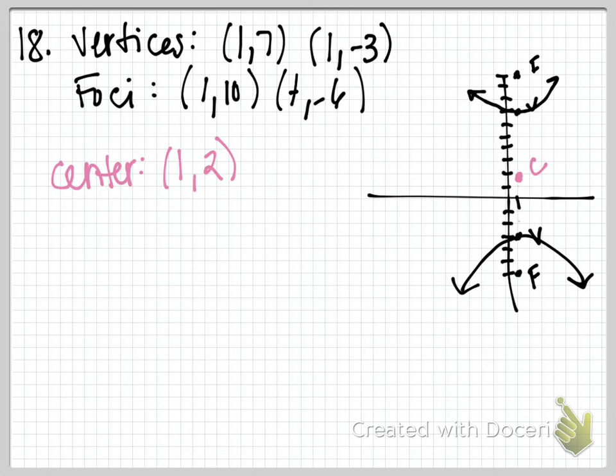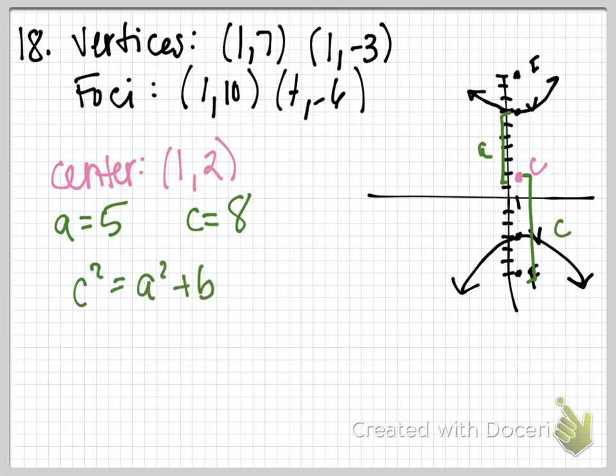All right. I know that the distance from the center to a vertex is A, and the distance from the center to a focus point is C. So that tells me that A is 5. C is 1, 2, 3, 4, 5, 6, 7, 8. And then I use C squared equals A squared plus B squared to find B. So I get that B squared equals 39.